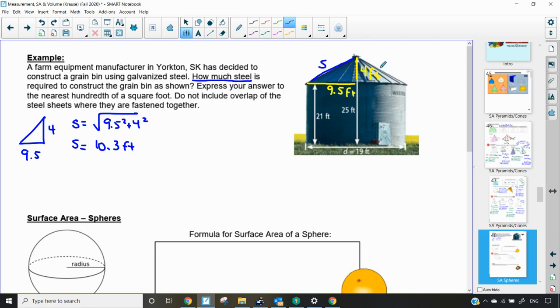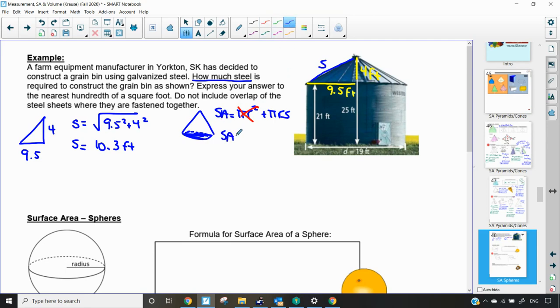Now, for our conical section, when we're looking at the amount of galvanized steel being used, we're not going to be using the circular portion. While our original formula is pi r squared plus pi r s, we aren't going to be using the pi r squared portion. So we're just going to have pi r times the slant height.